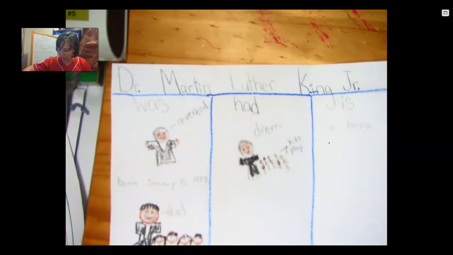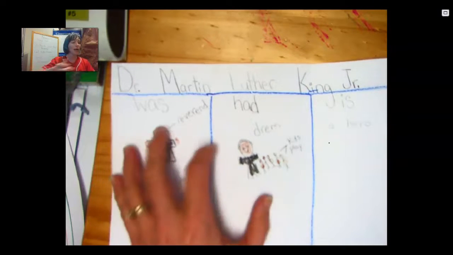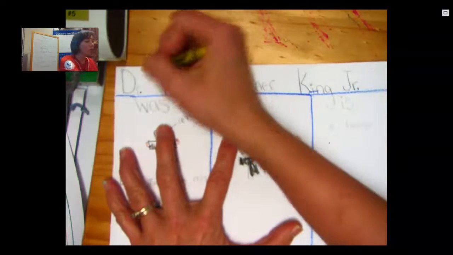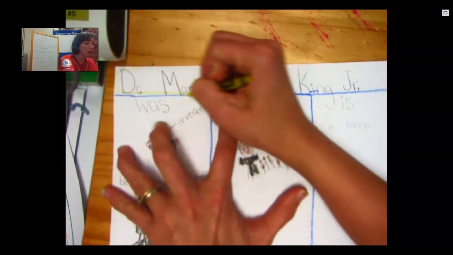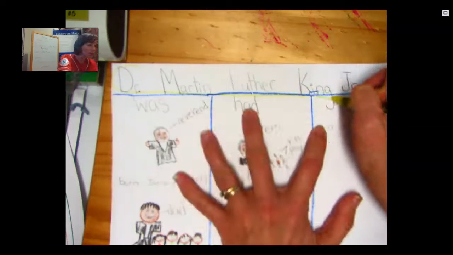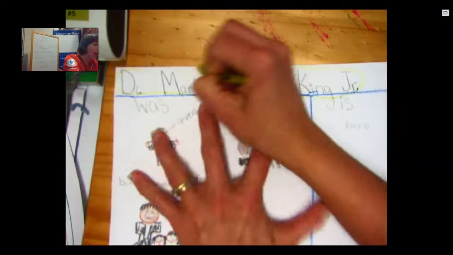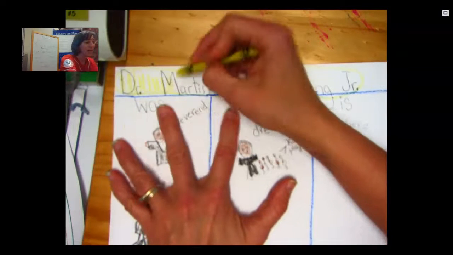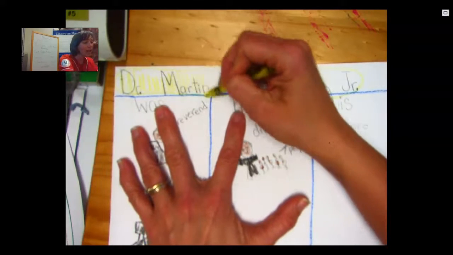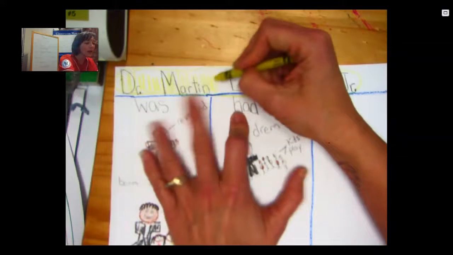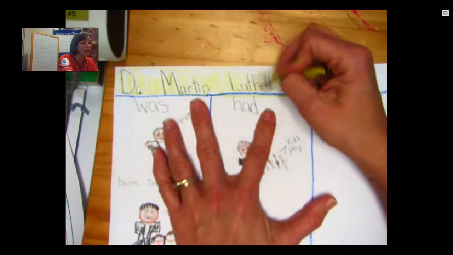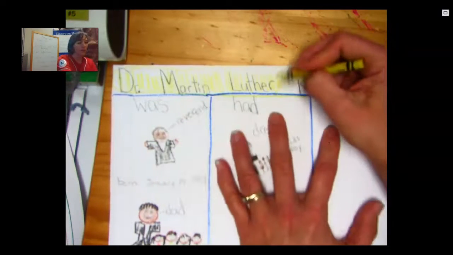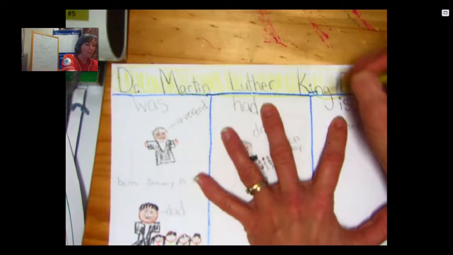I'm going to use a yellow crayon so I can see it, but it doesn't cover up my words. So we're going to start Dr. Martin Luther King Jr. and I'm going to circle and color that in so that it's highlighted. See how when I highlight, I can see it really easily, but it does not cover up my words. That's going to be number one.